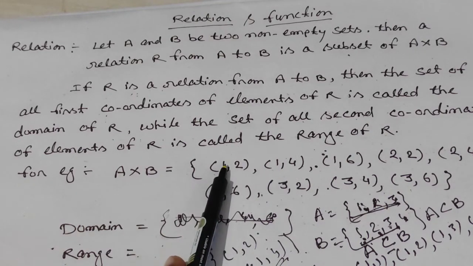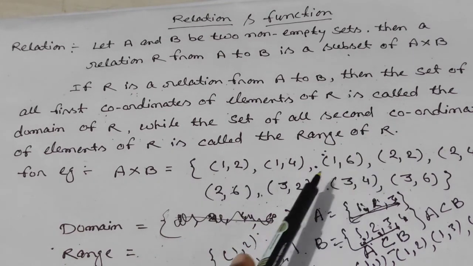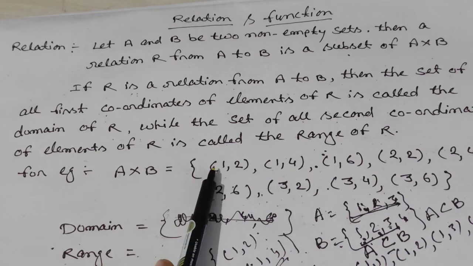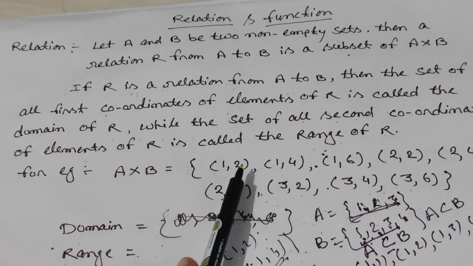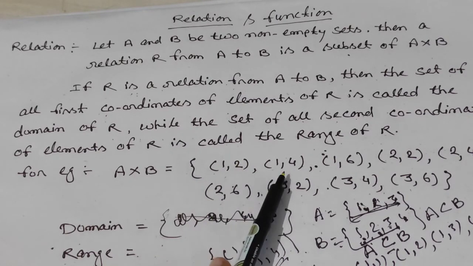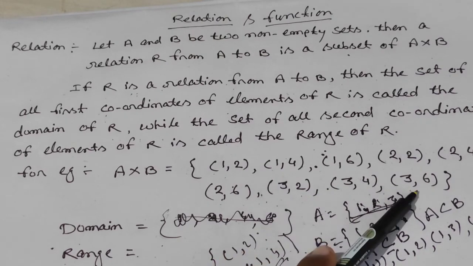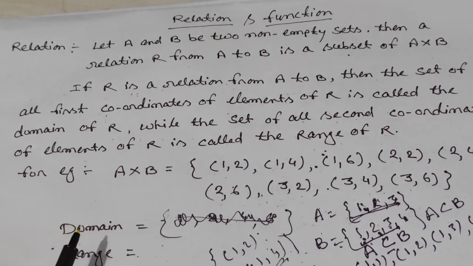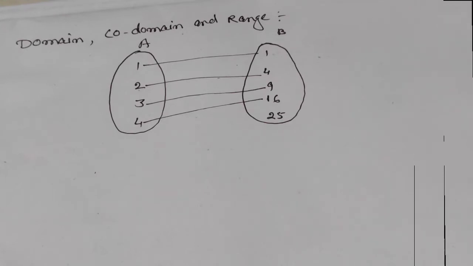The first elements are 1, 2, 3, so our domain will be 1, 2, 3, and the range will be 2, 4, 6. Simple. The first element from the set A is the domain and the second element from the set B is the range.